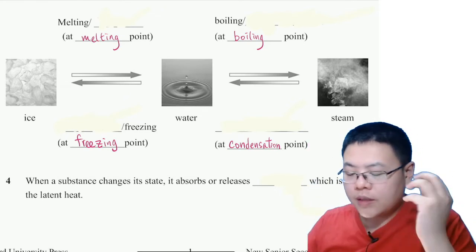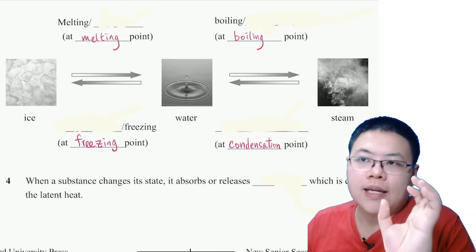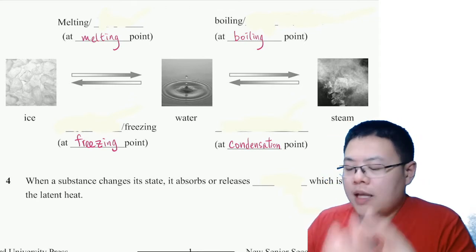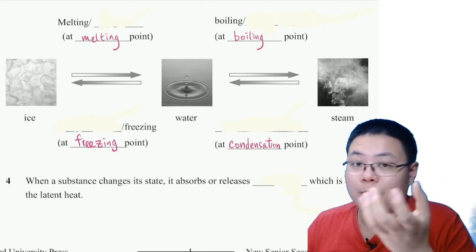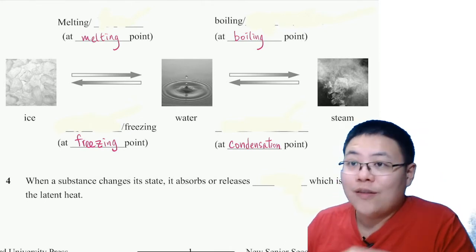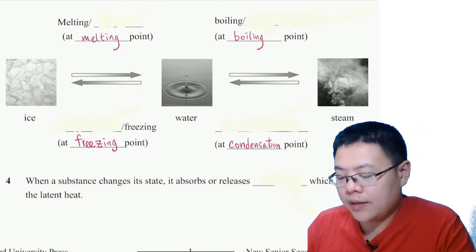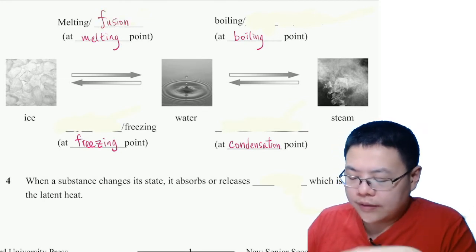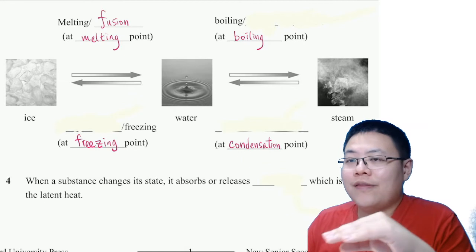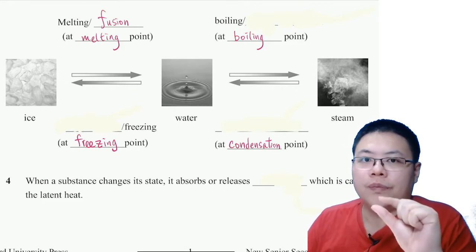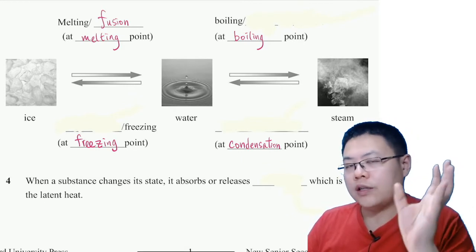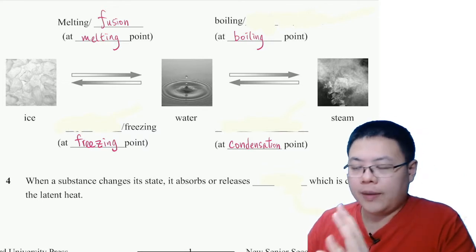Okay, and this process, the name has also a professional version. You might think melting is common in daily life. However, in professional terms of physics, fusion is the word we use to describe a solid becoming liquid.